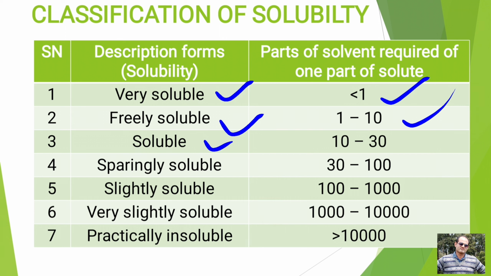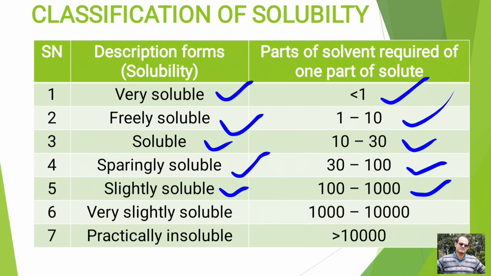Soluble, 10 to 30 parts of solvent. Sparingly soluble, 30 to 100 parts of solvent for 1 part of solute.